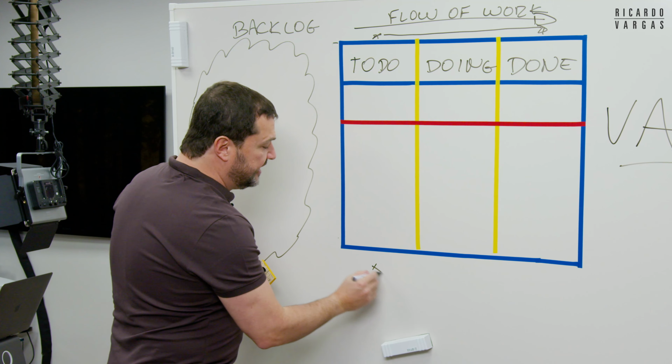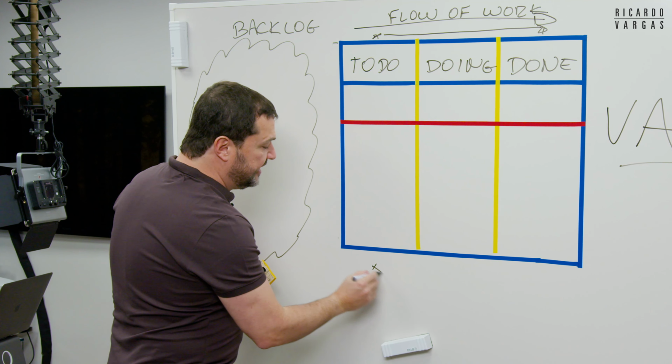Let me give you a couple of examples. I can put something like that. To do, phase A, phase B, phase C, done. I can do that. I can take this doing and split it into 1, 2, 3, 4, 5. Let me give you an example in procurement.